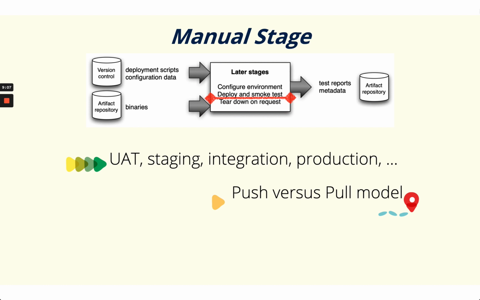But that's not good if you have a manual stage, because you don't want to be halfway through exploratory testing and then someone pushes a new release that wipes out the work that you've been doing. And so push is automatically promoting to the next stage. Pull is having a person say, okay, move this into the next stage. More about that in just a second as well.